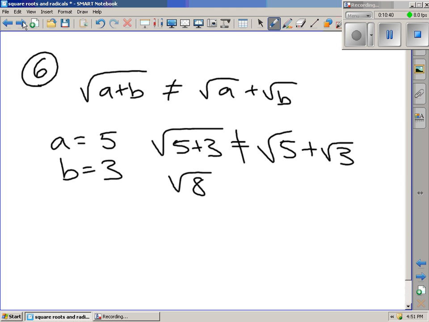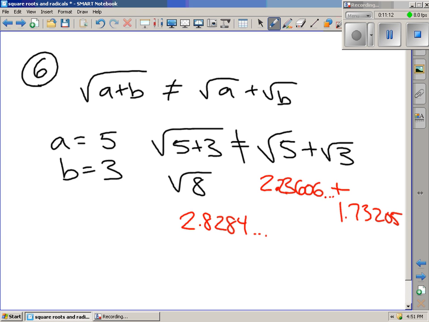So I want you to go ahead and find the square root of 8. The square root of 8 is equal to 2.8284, etc. Now, the square root of 5 is equal to 2.23606, etc. The square root of 3 is equal to 1.73205, etc. And I'm going to add those two, and we get 3.968, etc. I didn't put in all of the decimals, so it's not going to be perfect.